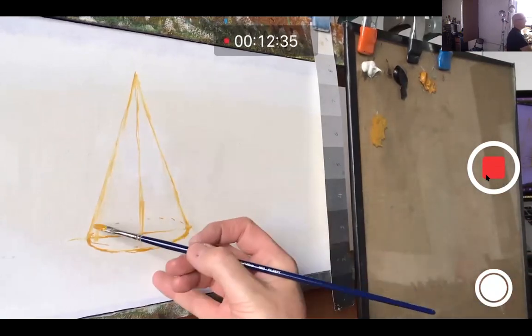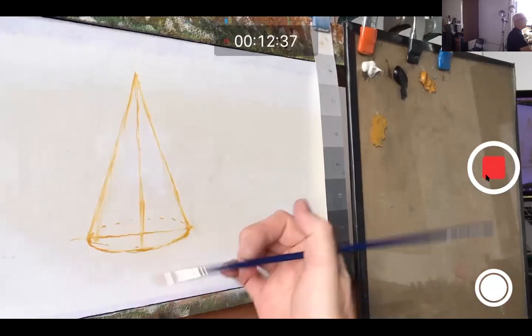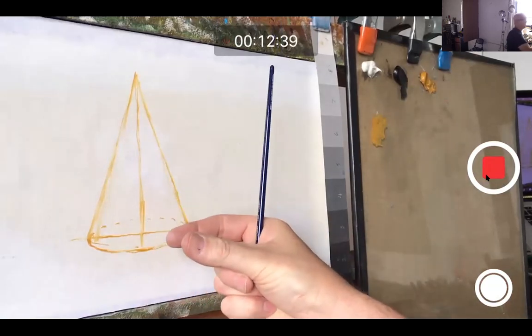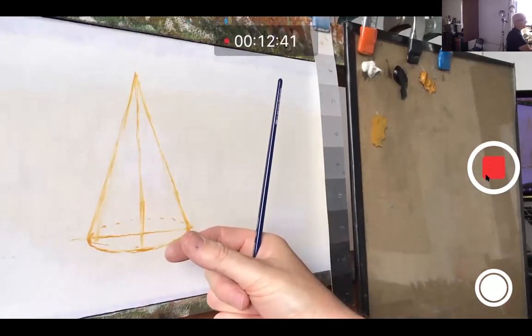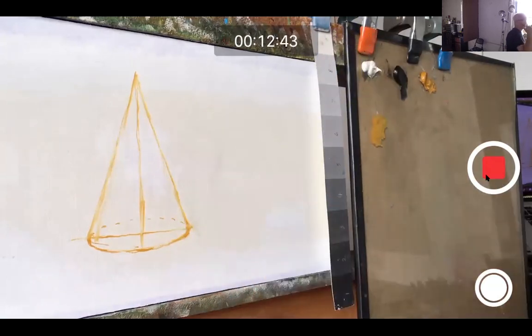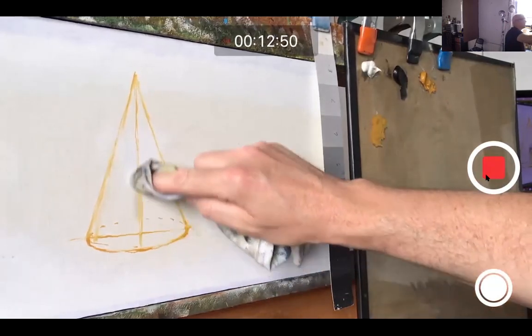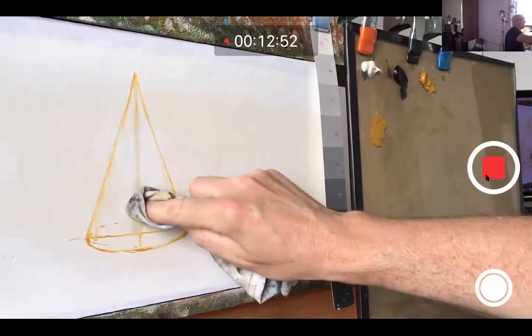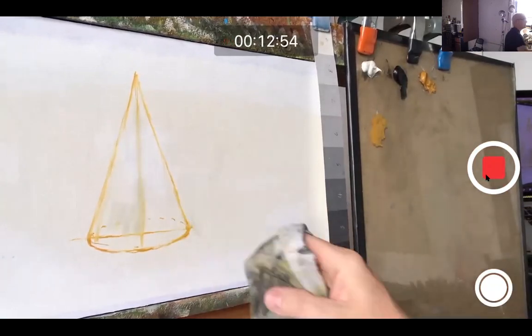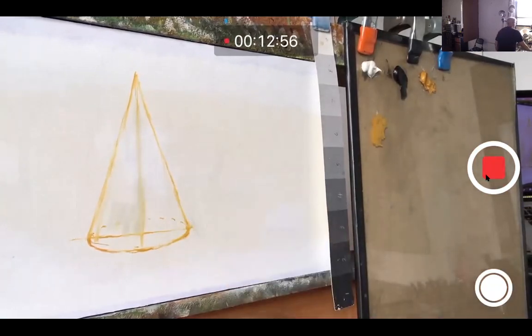So you want to very carefully observe how open or closed that ellipse is. Okay, so now after having drawn that vertical axis and the horizontal axis, I have a decently drawn cone.